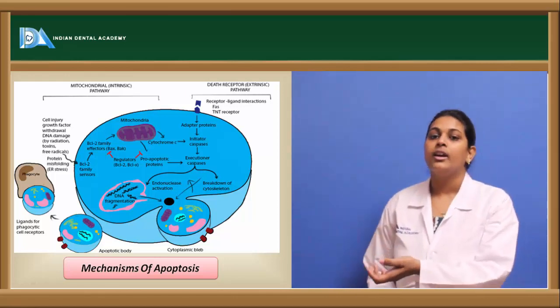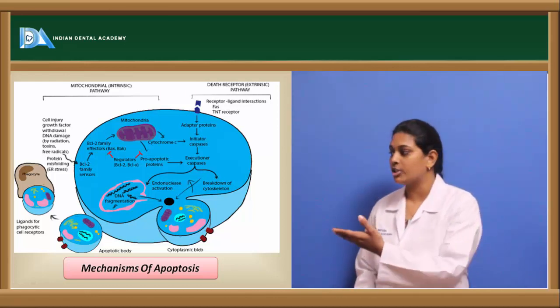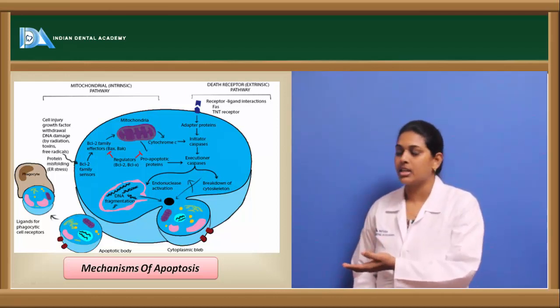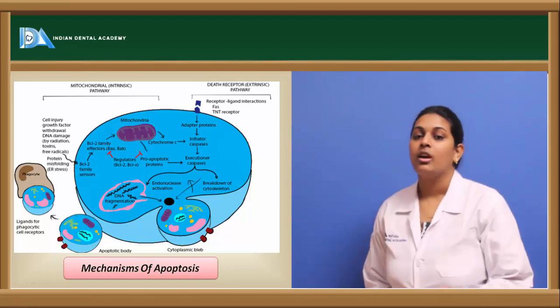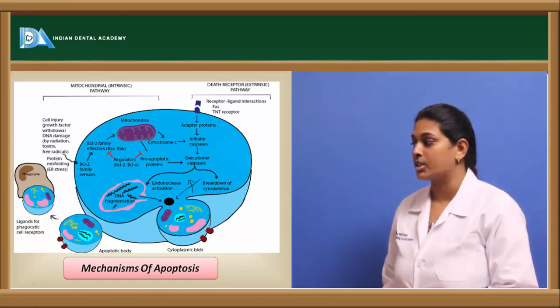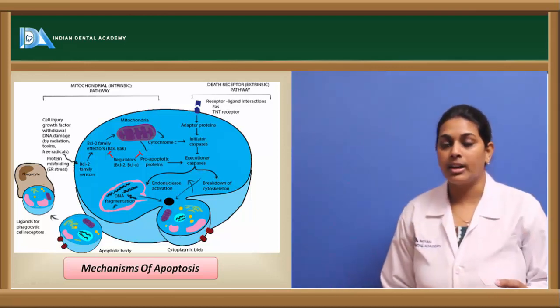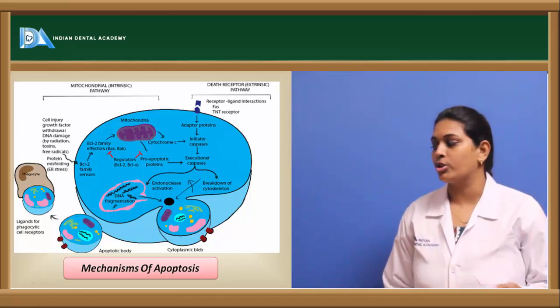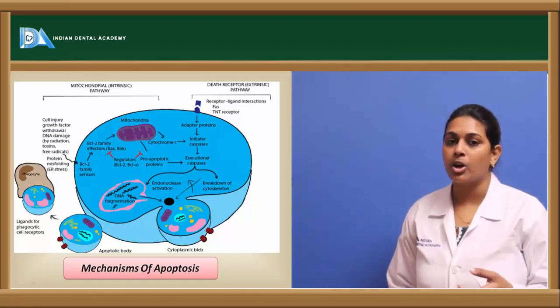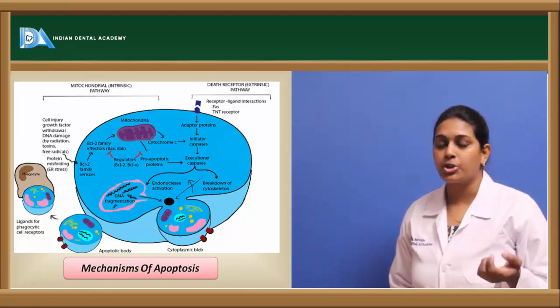This cytochrome C is involved in the activation of the initiator caspases, or otherwise it can even, along with other mitochondrial pro-apoptotic proteins, cause the activation of the executioner caspases when they are released because of the opening of this BAX channel.